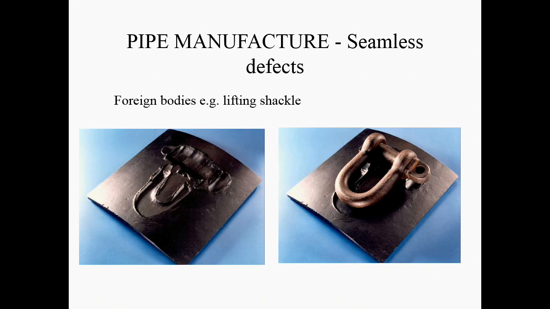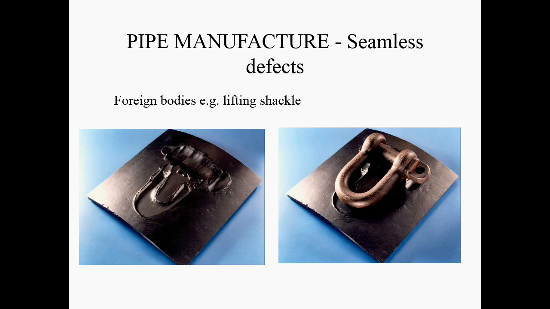Not all defects, though, are due to the material manufacturing process. Some of them are due to stupidity. So this is a defect that was found on a piece of pipe that came from a mill that should have known better. And this is a lifting shackle. So they were craning the pipe segments off onto the back of a lorry.